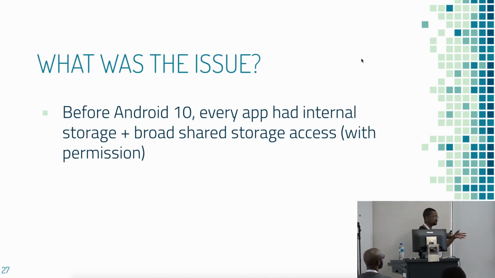Whenever your app is installed on the device, you are sandboxed. It's compartmentalized into a section, so you have your own space on the user's device. But you also get broad shared storage access when you have the READ_EXTERNAL_STORAGE permission defined. So you have access to your own app as well as everything else, which is a security problem.